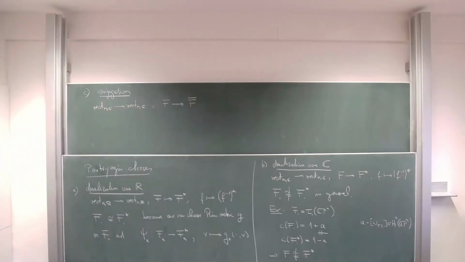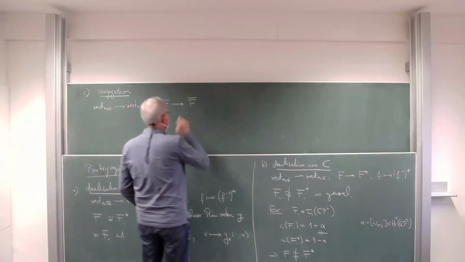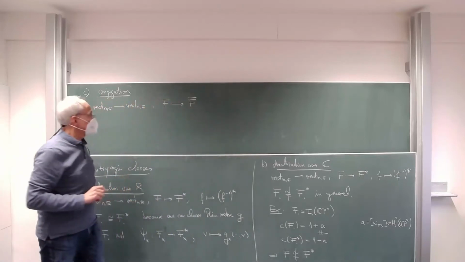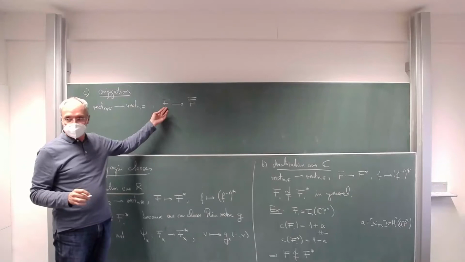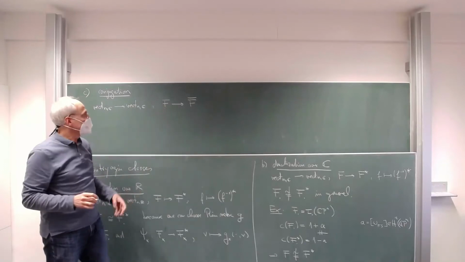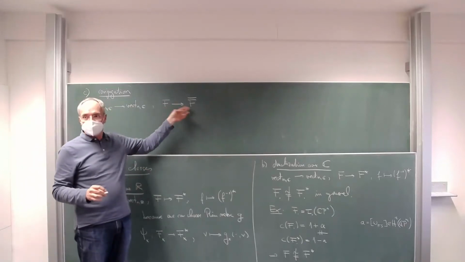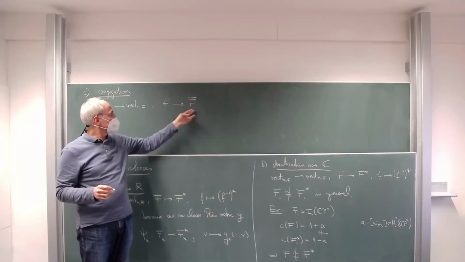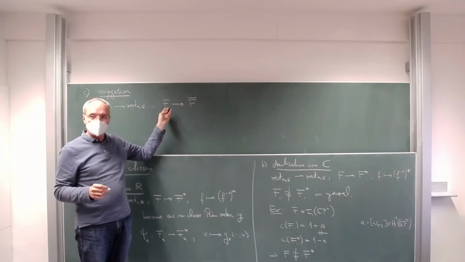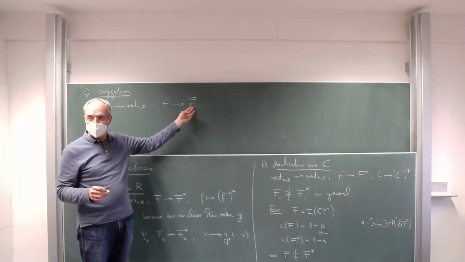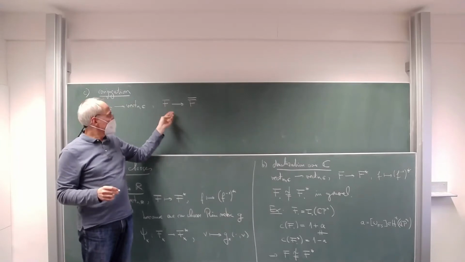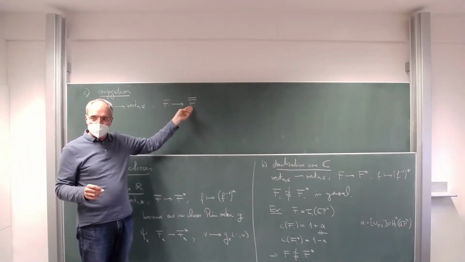If you have an n-dimensional complex vector space, then the complex conjugate is, as a set, the same space. It's the same as F. And in fact, as a real vector space, it's the same thing. So addition is defined here the same as there, and also multiplication with real scalars is defined the same way here and there. It's just that the multiplication by the number i is changed.